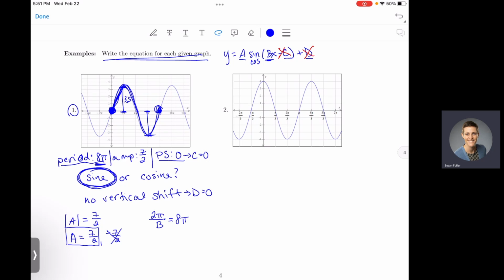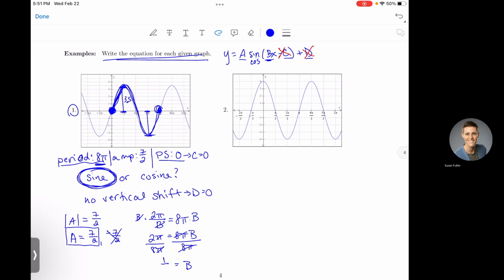So I need to solve for B. I'm going to multiply both sides by B to do this algebra. And so when I do that, I'm going to get 2 pi equals 8 pi times B. And then to get to B, I'm going to divide both sides by 8 pi. So then B is going to be 2 over 8, which is 1/4.